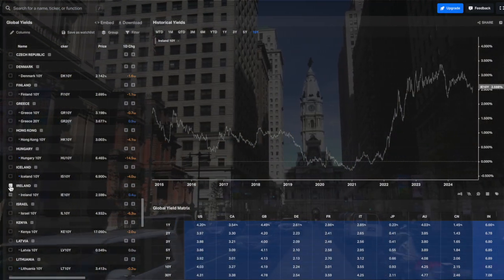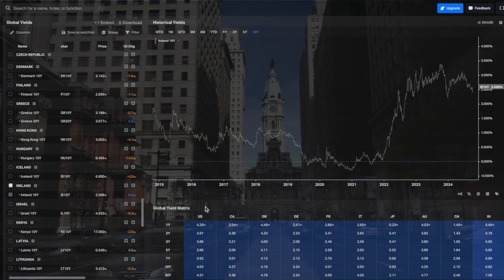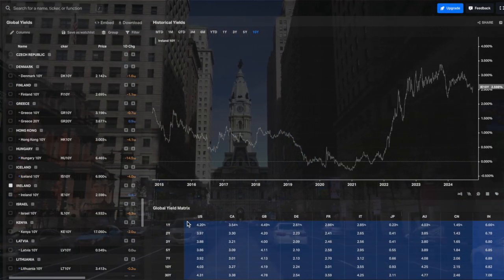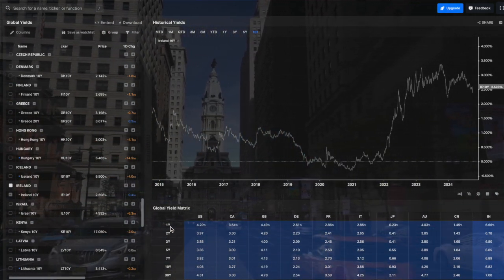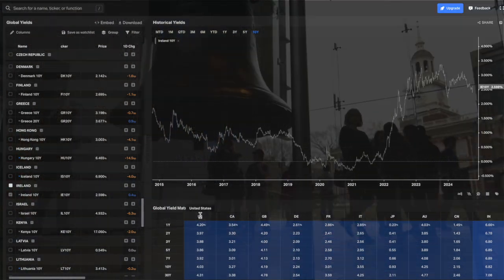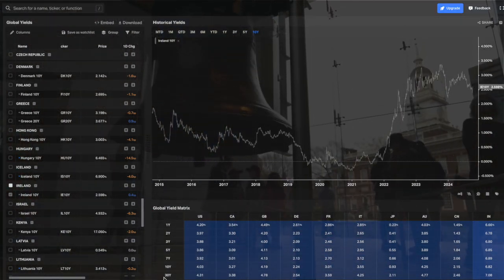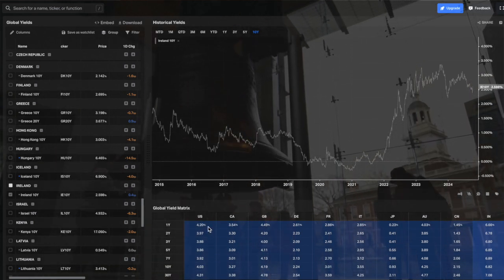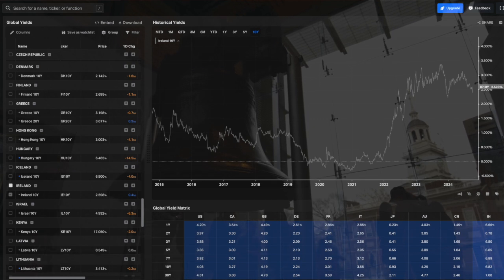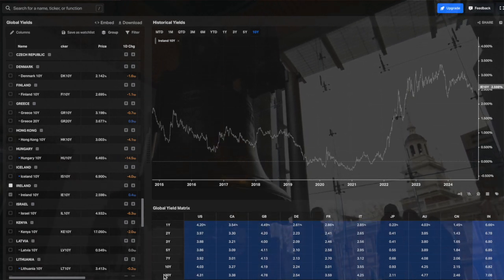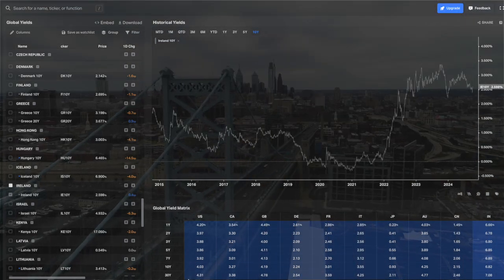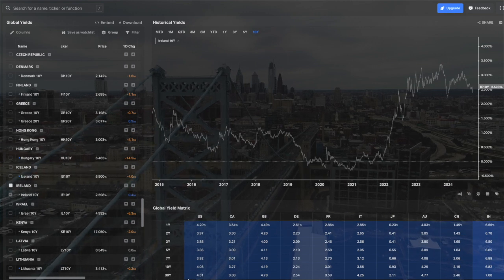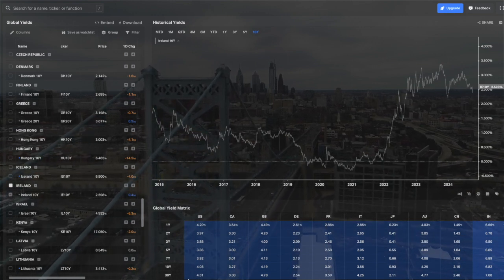But yeah, and then you also have a global yield matrix here. So you can, for example, if we look at the US, see the different maturities and the yields for each maturity. Now, in theory, the longer you wait to get your money back, the higher interest rate you're going to request as a buyer of the bond.